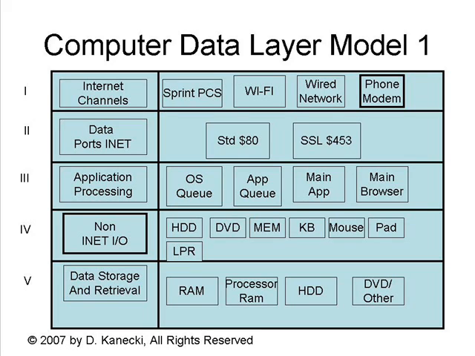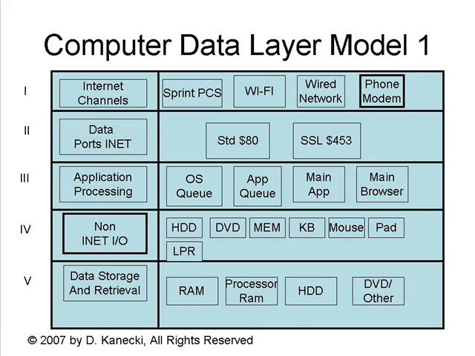The 5 layers are the external communication channel, the linkages to the external communication channel, the operating system processing, the physical computer devices, and the data storage and retrieval available on the computer. At the first operational level, you have different setups such as a PCS card, Wi-Fi, wired network, and modem.